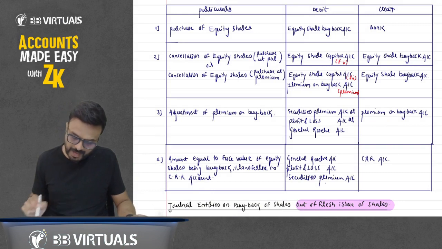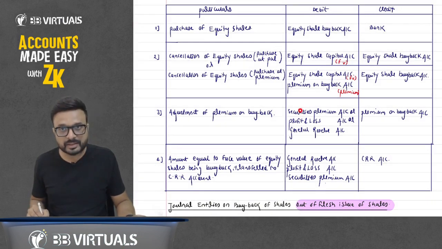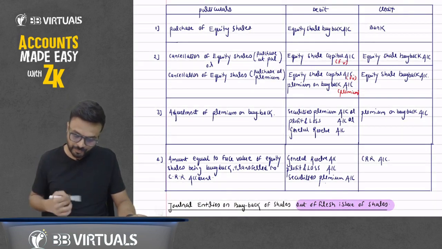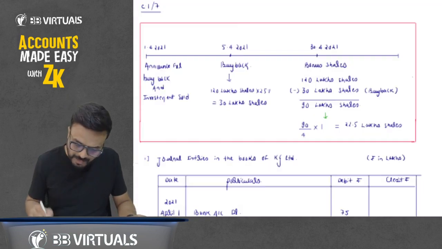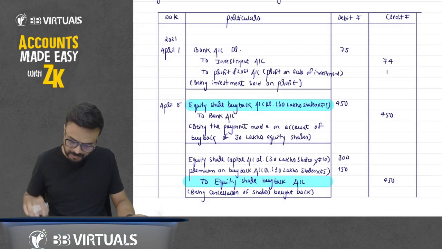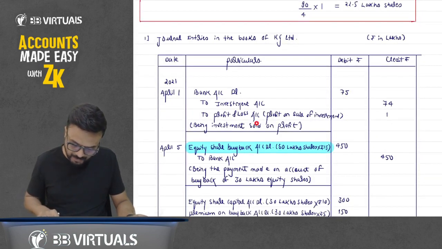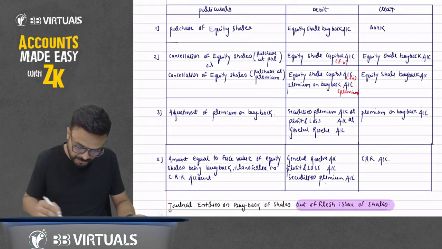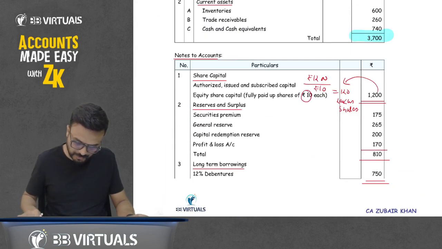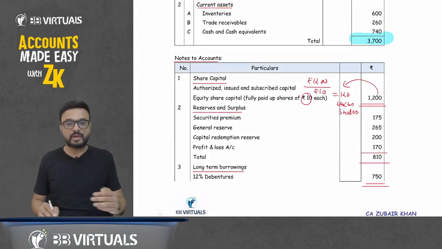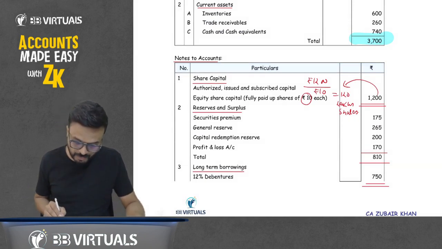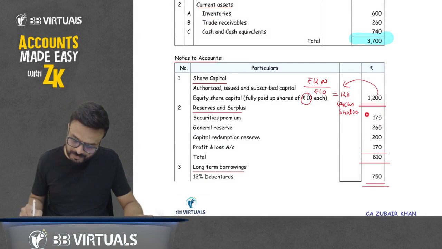You can adjust it against securities premium, against general reserve, or against profit and loss. Whether we have any balance in securities premium account? Yes. So we have 175 in securities premium.